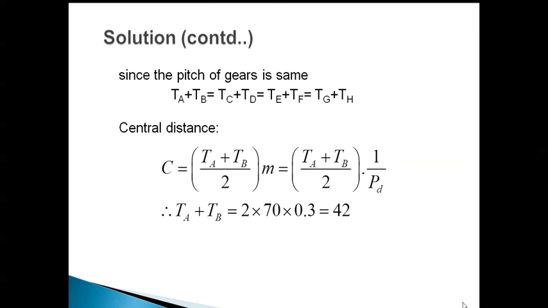Center distance equals (TA plus TB) by 2 into M. We know M is the reciprocal of the diametral pitch, and in the problem the value of the diametral pitch is given. So C equals (TA plus TB) by 2 into 1 by PD. TA plus TB equals 2 into center distance, 70, into PD, 0.3. So 2 into 70 into 0.3, that is 42, will be TA plus TB.